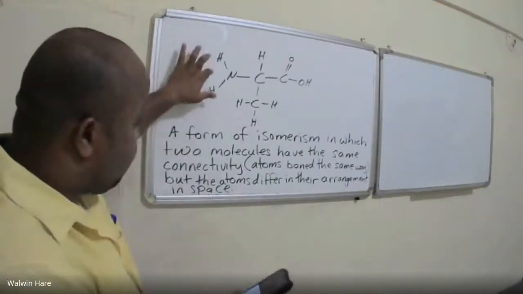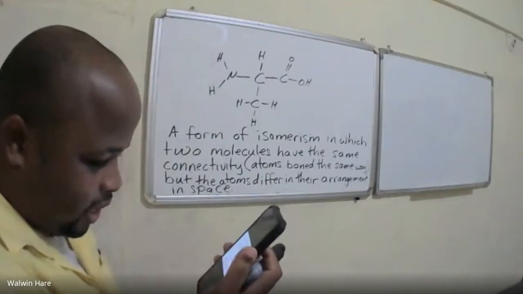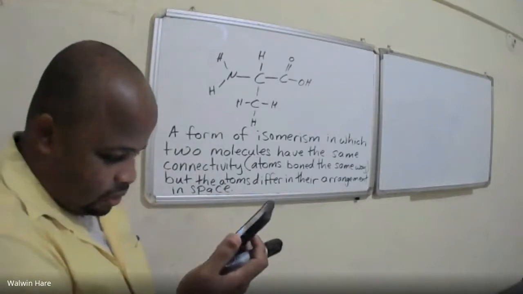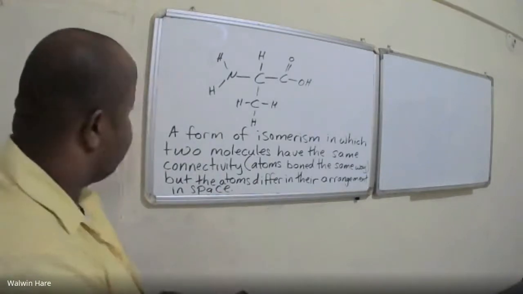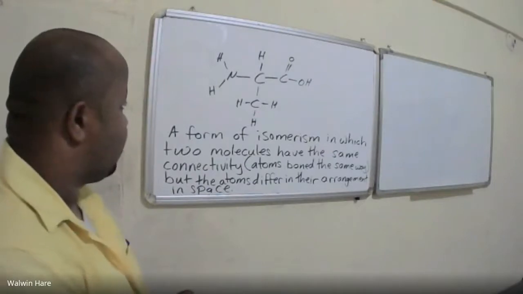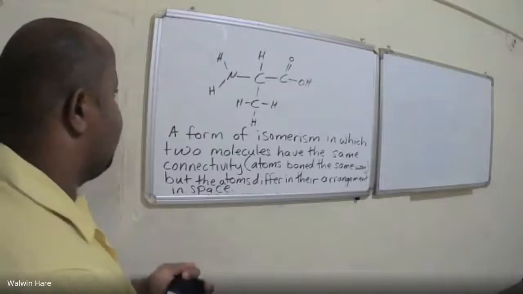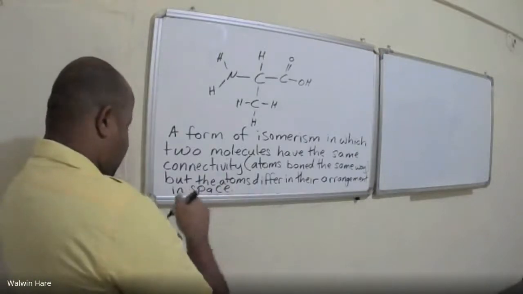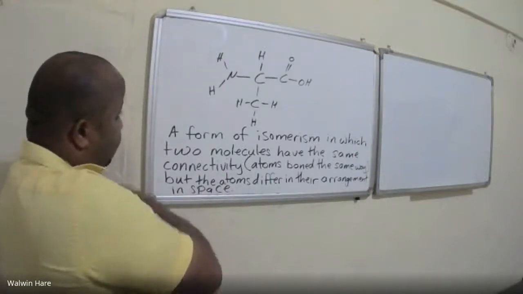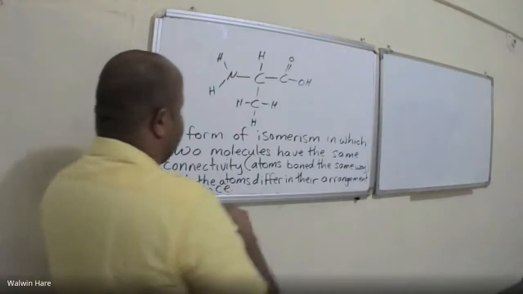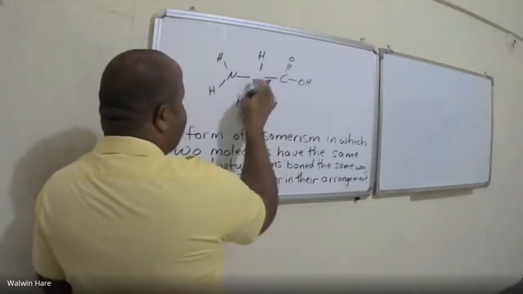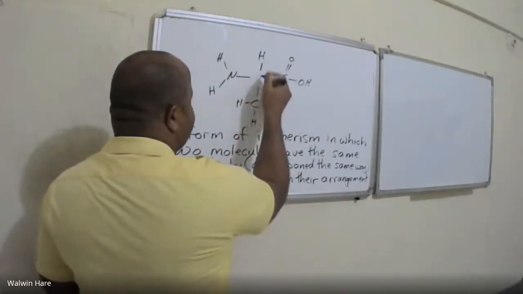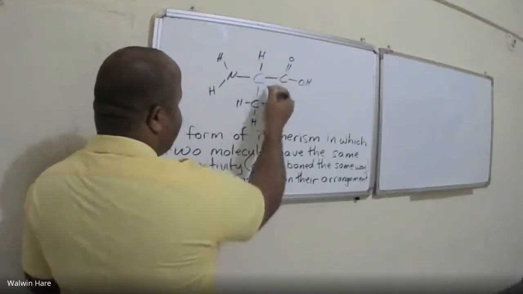In this compound, which carbon is the chiral center? Carbon 2. Right. This one in the middle. And what is the name of this type of isomerism?